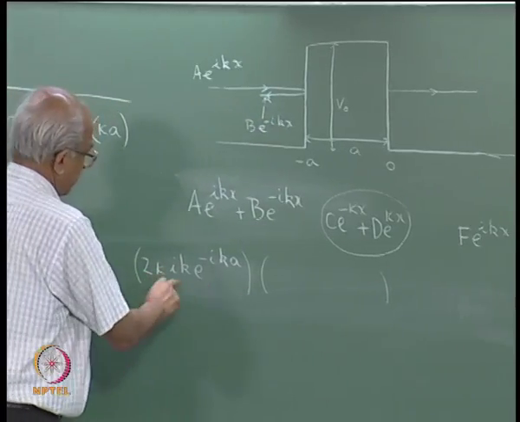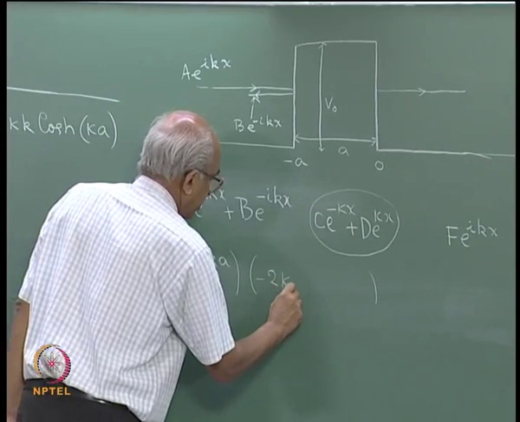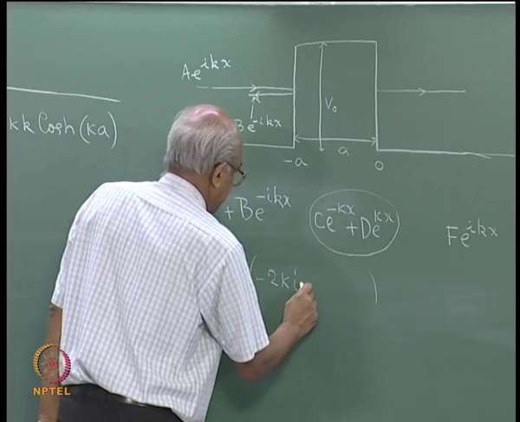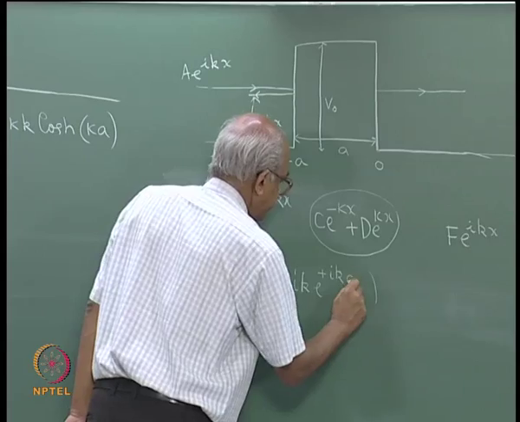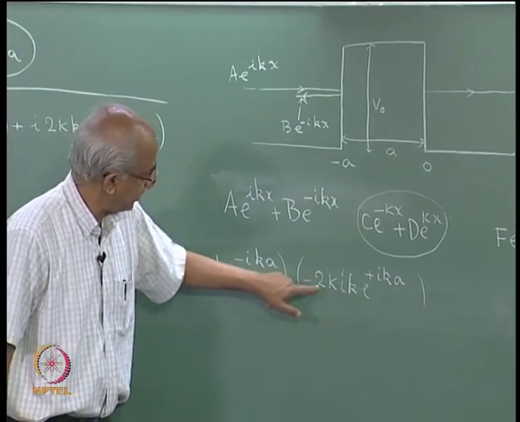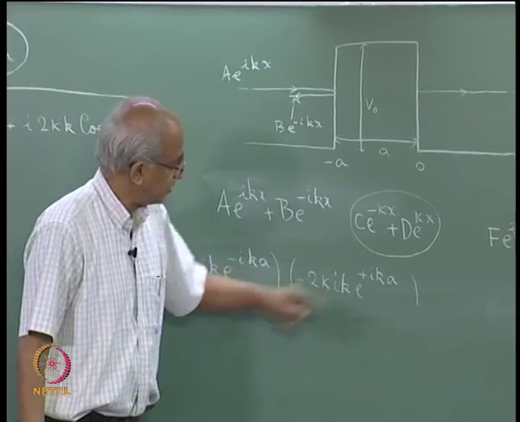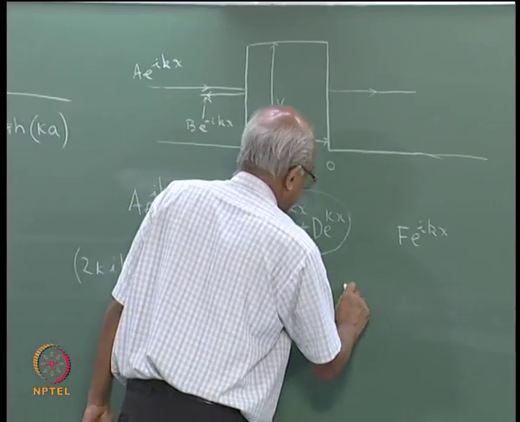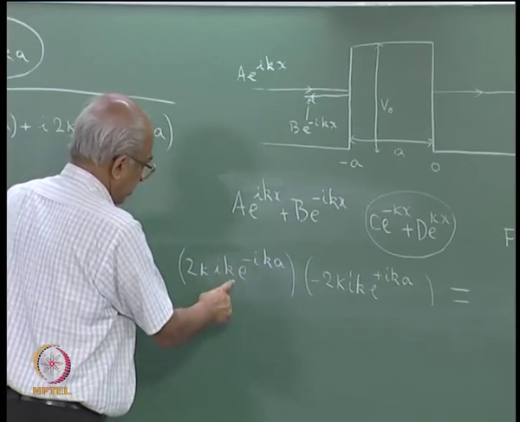So when you take the complex conjugate of this, you are going to get minus 2 kappa i k e to the power of plus i k a. Notice what has happened. There was an i here, and therefore I have put a minus i, and there was an i minus i here that I have converted to plus i, and if you calculated this, the result is the following.